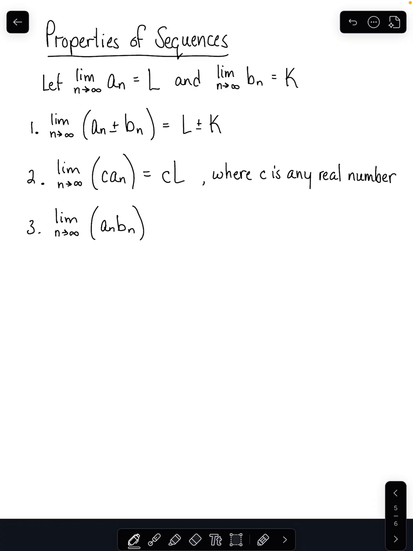Well, why not for multiplication then? If we multiply two numbers that are finite, we should then again get a finite number. And furthermore, the result of this new sequence should simply be the product of the two individual sequences.